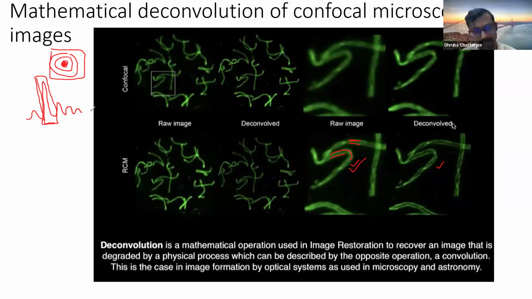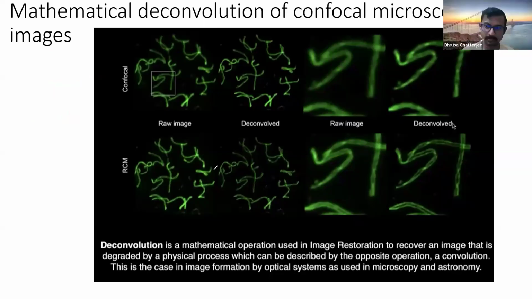So deconvolution has cleared up the background fluorescence, which was here and here, and gives you much more crisp, high resolution and clear images, where you can distinguish between two different objects located at very close distances. So these mathematical deconvolution image processing algorithms also help in de-blurring and getting slightly higher resolution confocal microscopic images.